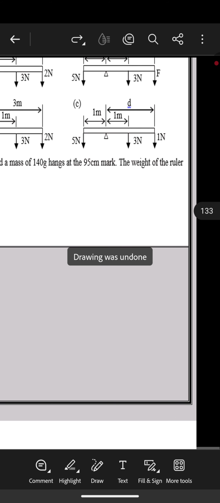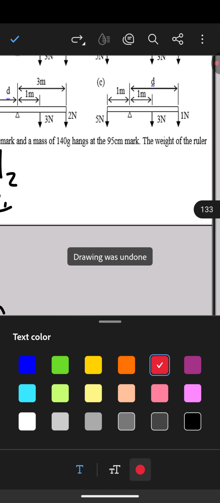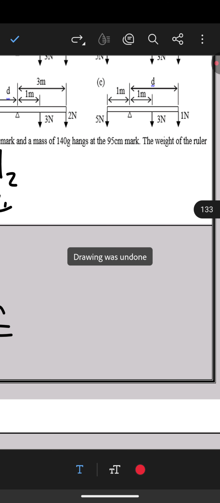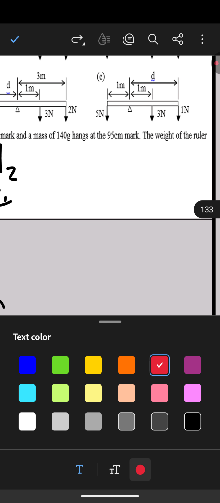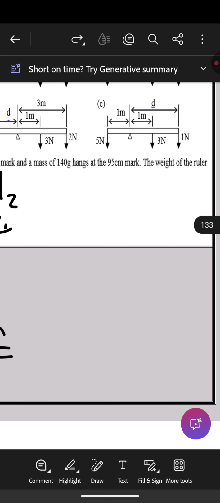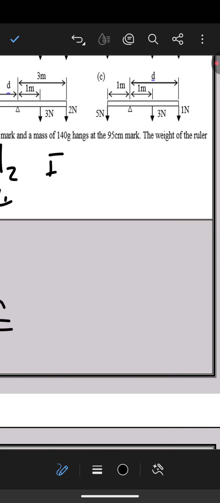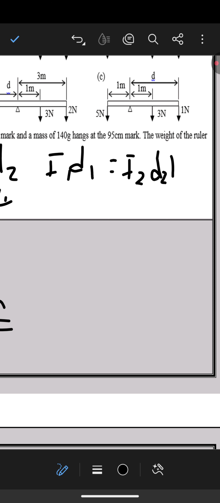Going to question C, we do the same. We have F1, F2 and F3, three forces, right? So we're going to say F1 D1, this one is alone, equals F2 D2 plus F3 D3.